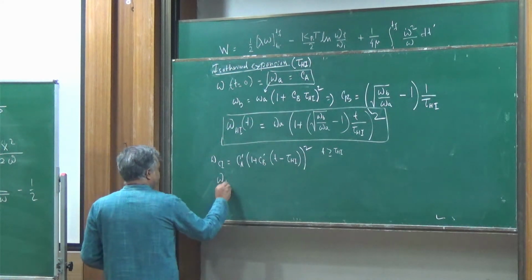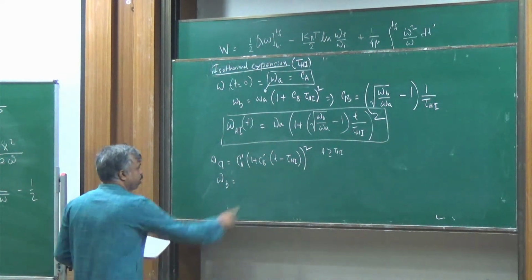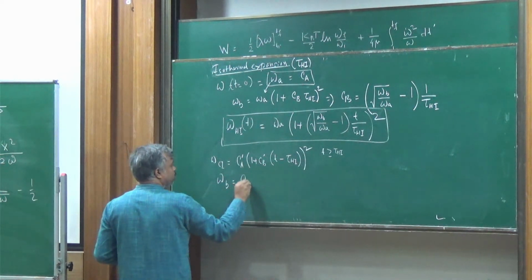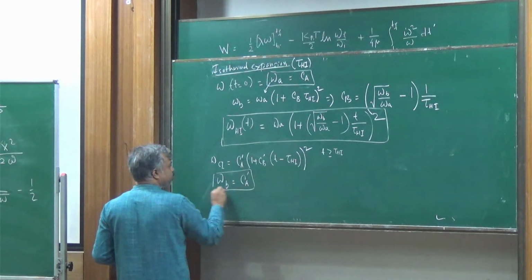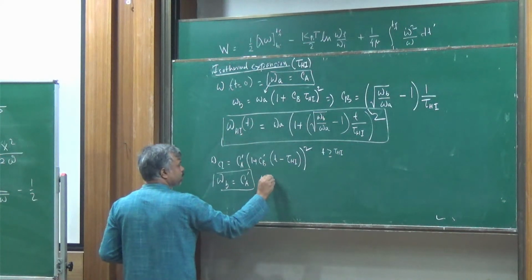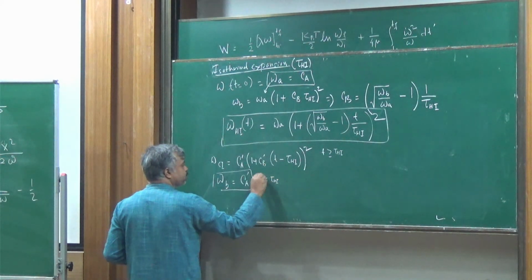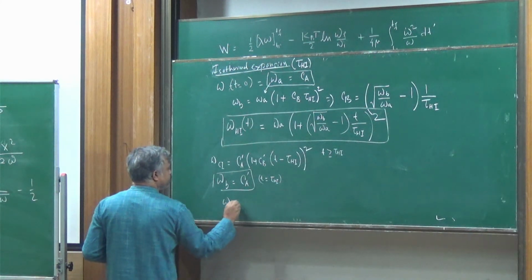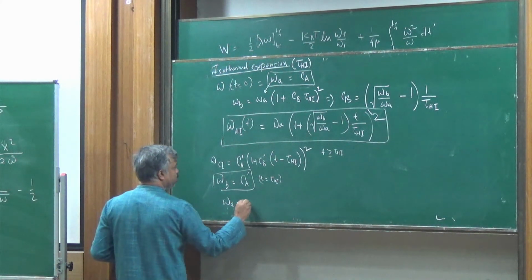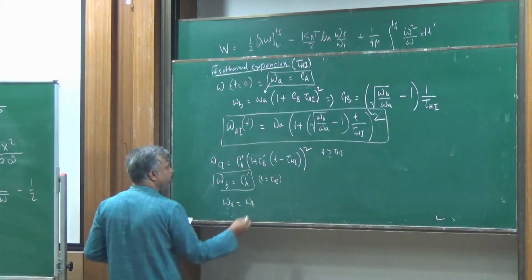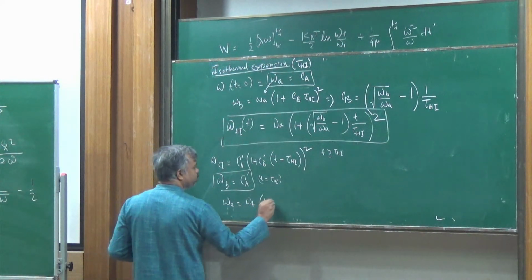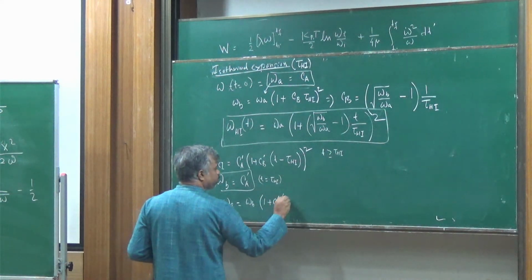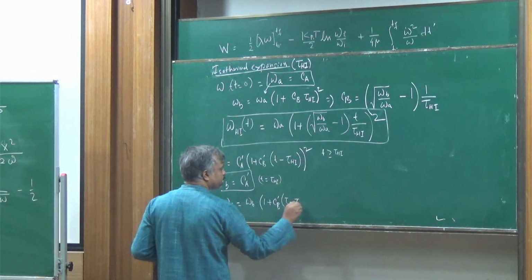So omega B is 0 when T is equal to tau H1, and omega A is omega B times 1 minus C prime. This is the total cycle time.